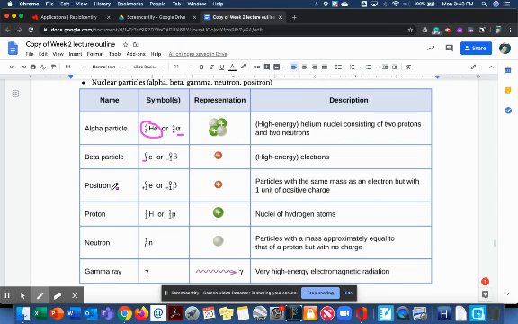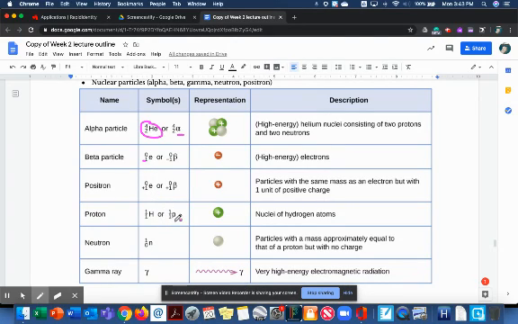A positron is a particle that is again produced from the decay of protons and neutrons in the nucleus. It has the same mass as an electron, but exactly opposite in charge. And so notice the symbol for a beta particle and a positron are very similar, except for the fact that the beta particle has the -1 at the bottom and the positron has the +1.